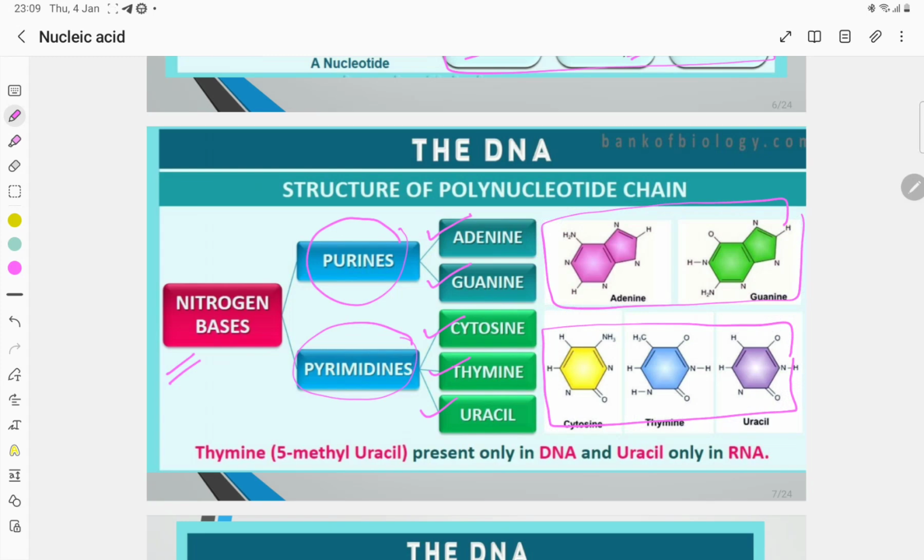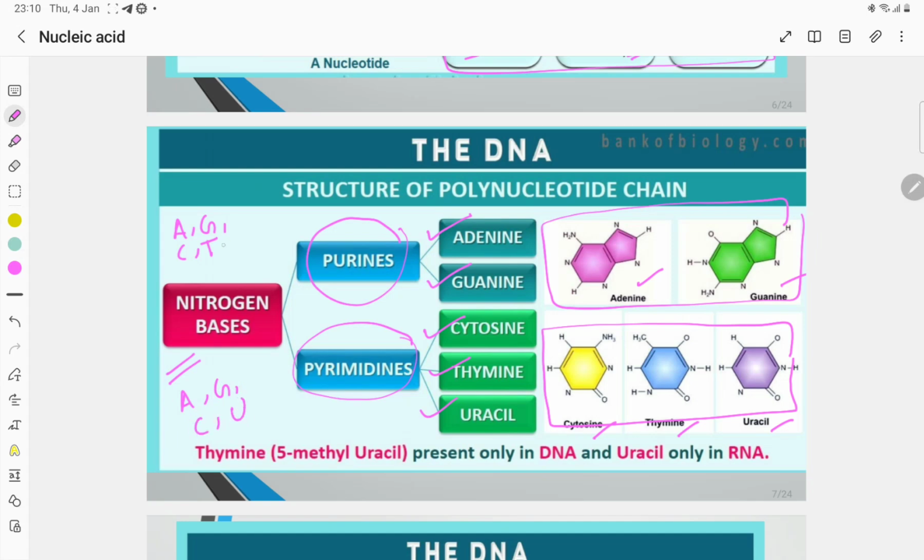So what came under purine? Adenine came, guanine came; in pyrimidine, cytosine, thymine, and uracil. However, in each nucleic acid, only 4 out of the 5 nitrogen bases may be present. In DNA, it contains adenine, guanine, cytosine and thymine. In RNA, it contains adenine, guanine, cytosine and uracil.